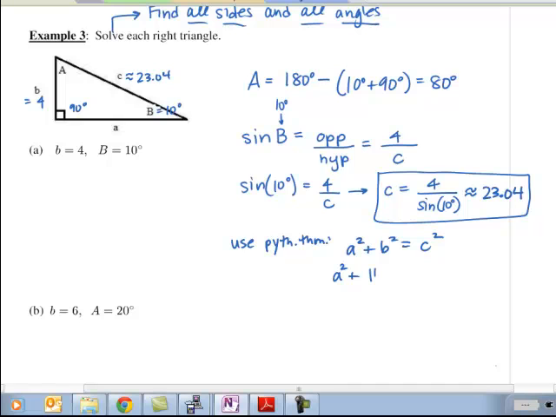B was 4, so 16, and this is 23.04 squared.